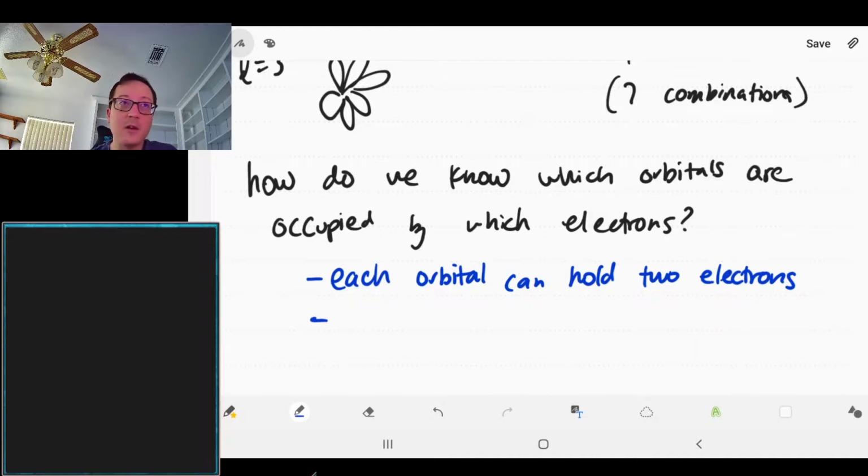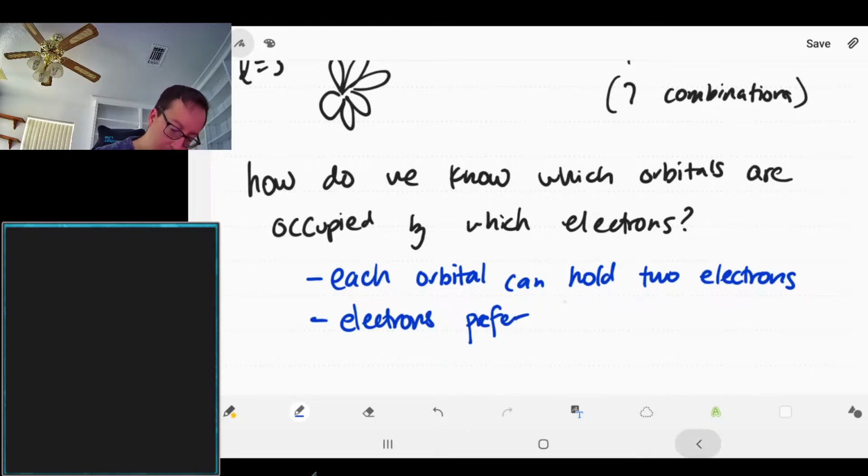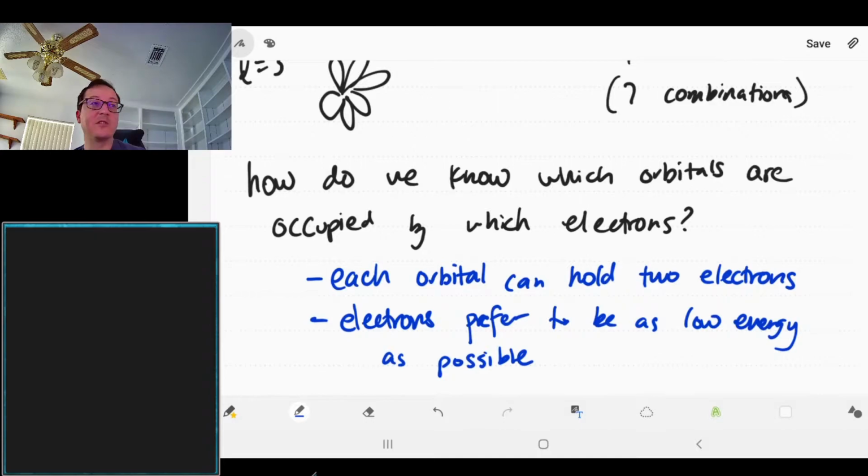The other thing we need to understand is that electrons prefer to be as low energy as possible. Everything in chemistry wants to be low energy. That is why things react. They react to lower their energy.